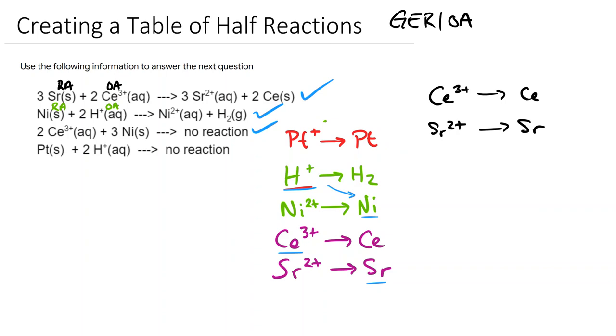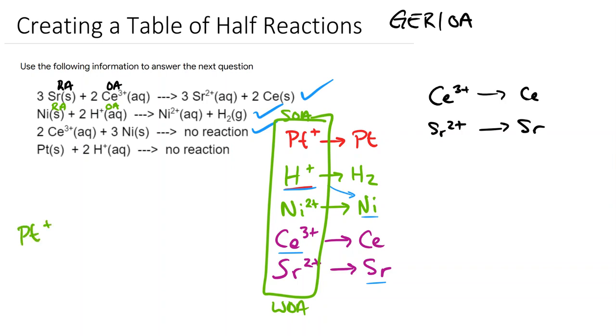Now we just have to arrange our oxidizing agents from strongest to weakest. Strongest oxidizing agents at the top, weakest oxidizing agents at the bottom. So what our answer should be is Pt whatever plus. I'm saying plus 1 just because we don't know what platinum could have turned into.